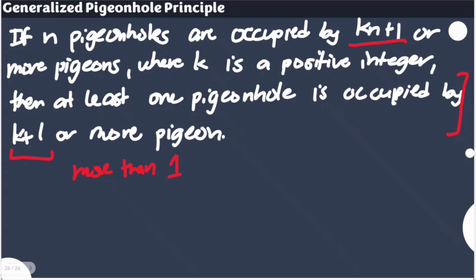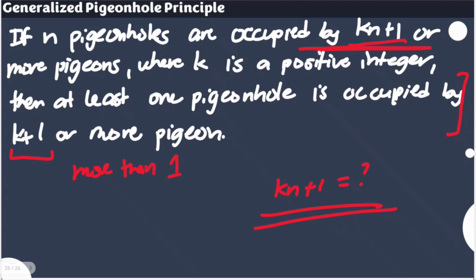So in application, we will have examples of this. Some examples are where we will be solving for basically the number of pigeons, the kn plus 1. This is what we will be solving later on. And how will we be able to solve that?